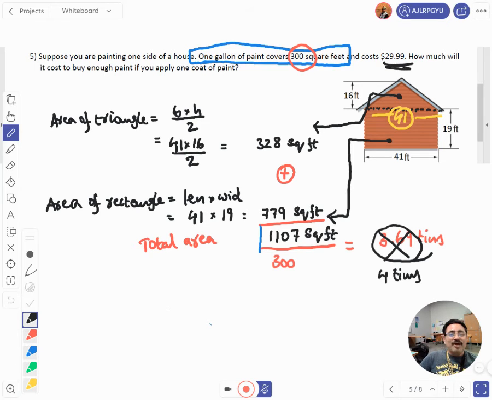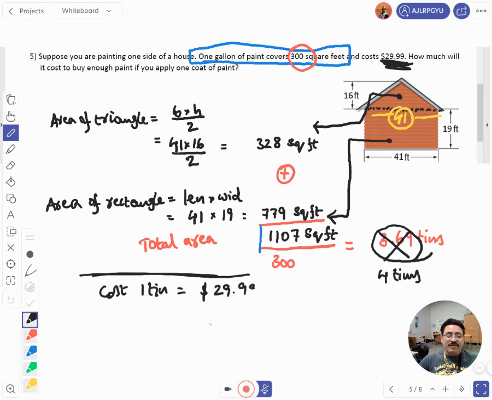And it's given that the cost of one tin is $29.99. And what is the cost of 4 tins? Already you computed how many tins are required. So 4 times 29.99 is $119.96.